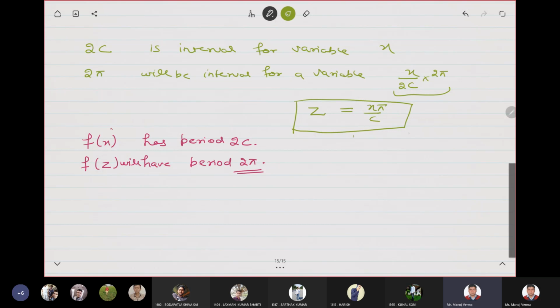From here you can see the value of x will become cz by pi. I have seen that by doing this mathematics, if a function f(x) has period 2c, then a function f(z) will have a period 2 pi, where z is equal to x pi by c.